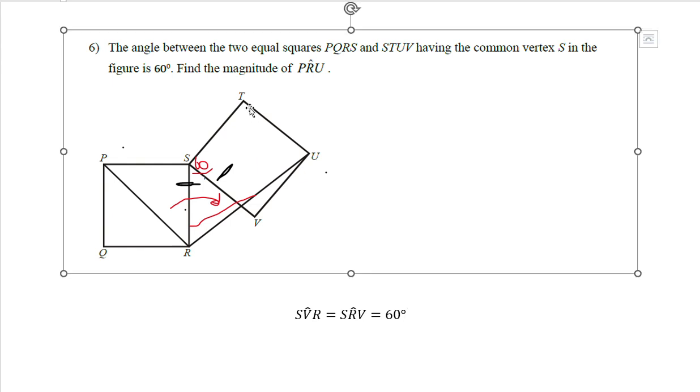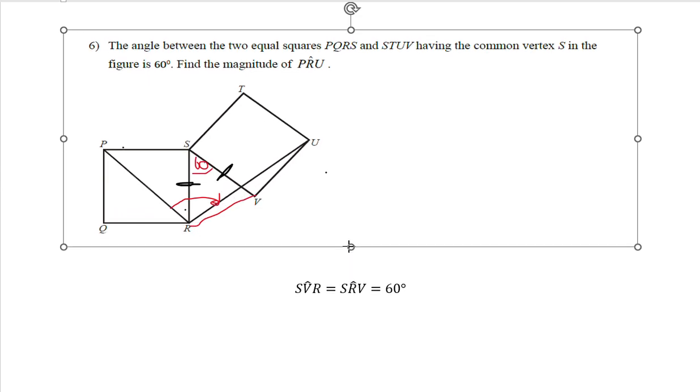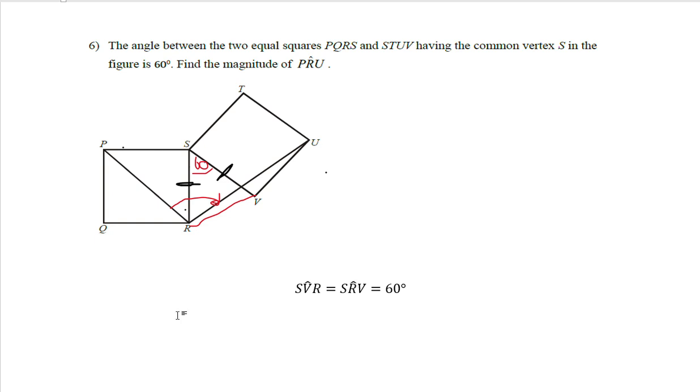And because of that, what we can say is that this side, the imaginary line we just created, RV, is also equal to all of these side lengths of the entire shape. So with that in our mind, now this problem might be a little simple.